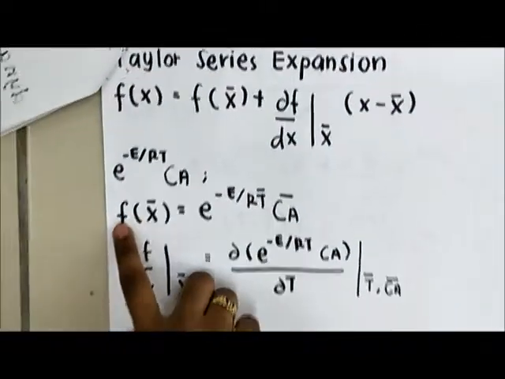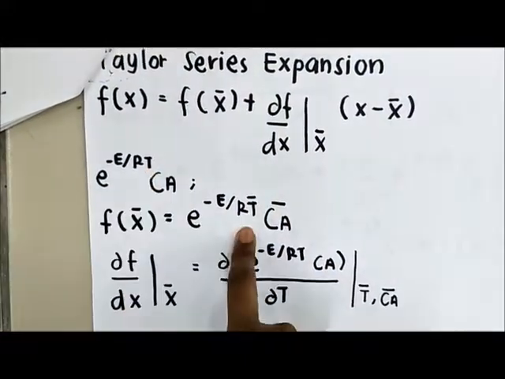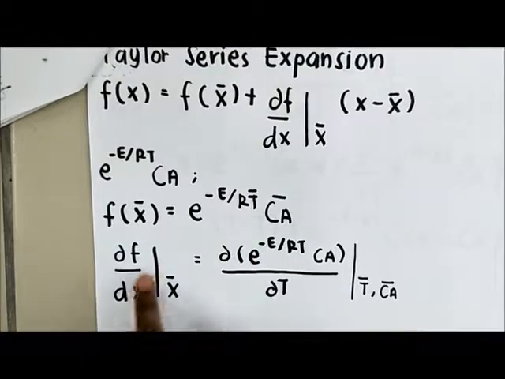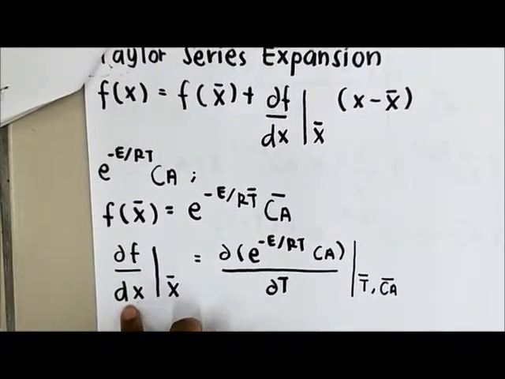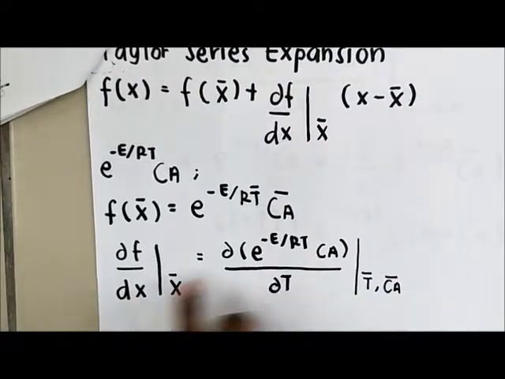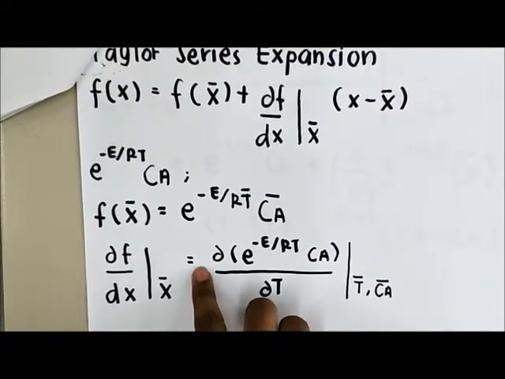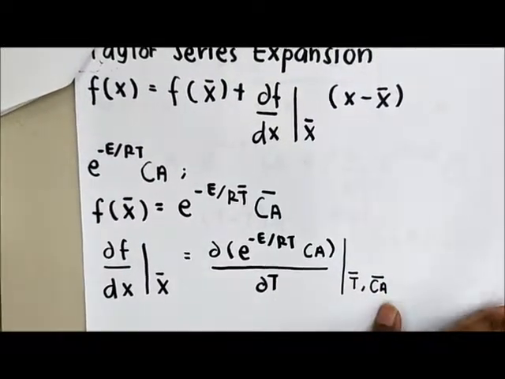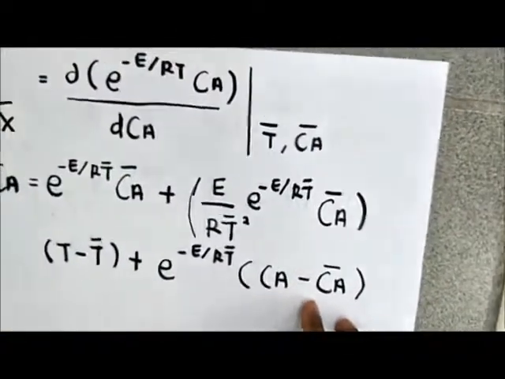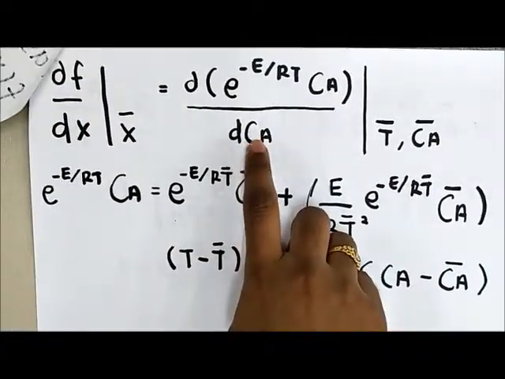Firstly, f(x bar) will be the non-linear term. So the function, df over dx, this is in terms of only T, only one term, and this is for the other term, which is CA.